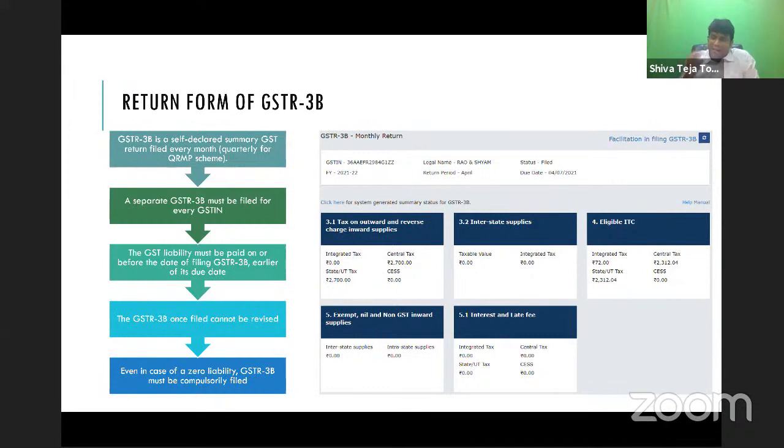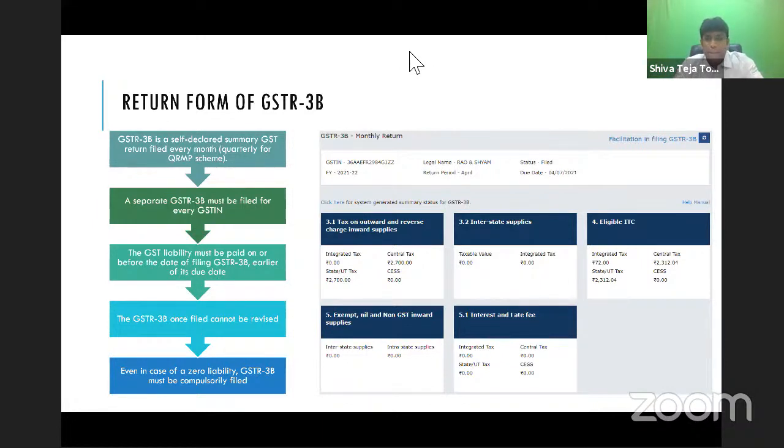Exempt are those where there is a rate of tax which is more than 0%, but presently exempt because of notification. And the last one, interest and late fees. The point we noted is that late fees is being calculated automatically, but interest, as on today's date, practically is not calculated automatically, but in future it can definitely come.